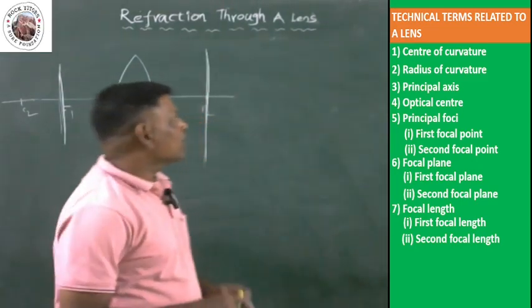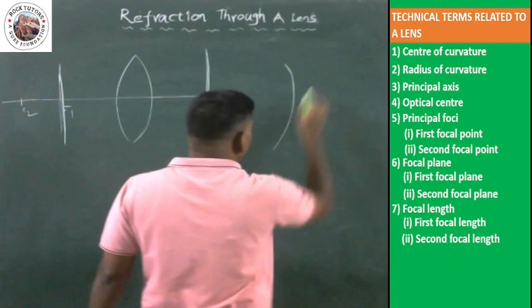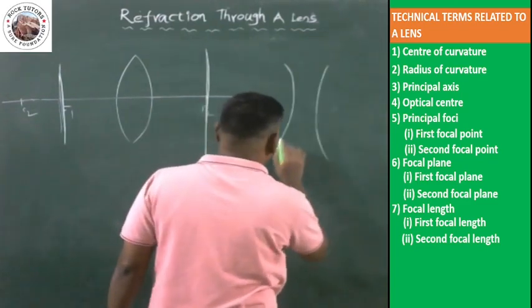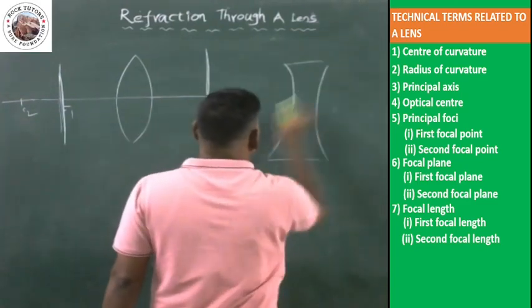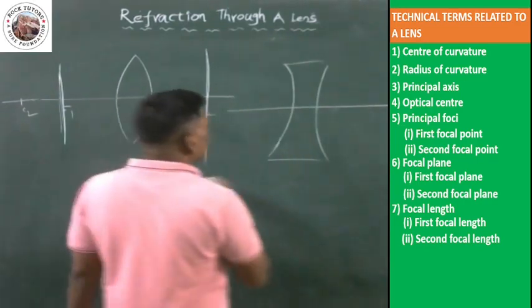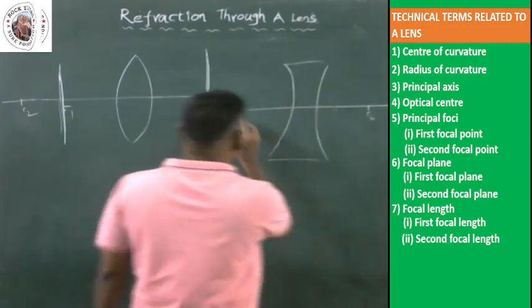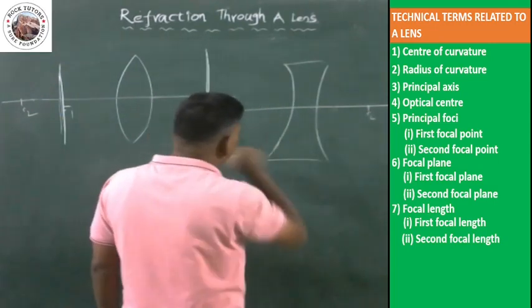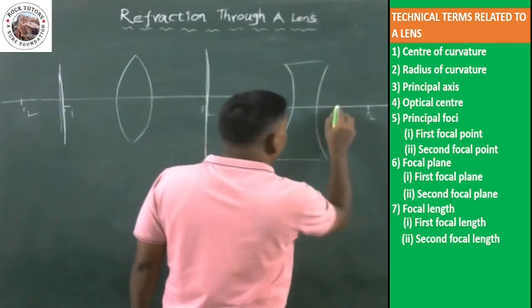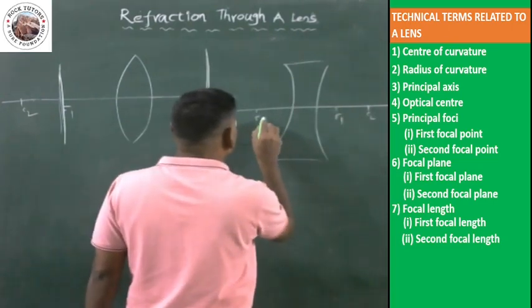The same way for the concave lens also. The principal axis, and this is C2, C1, F1, F2.